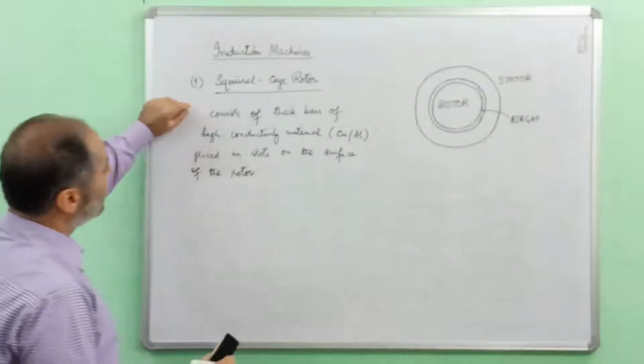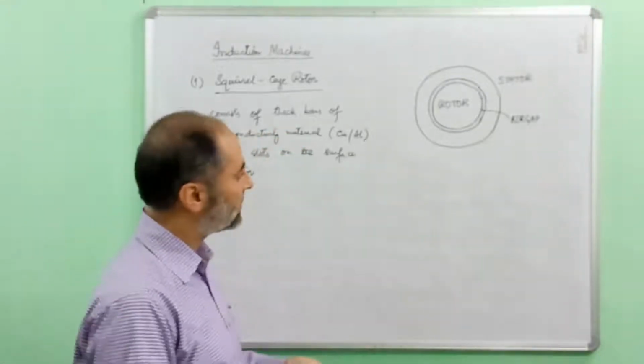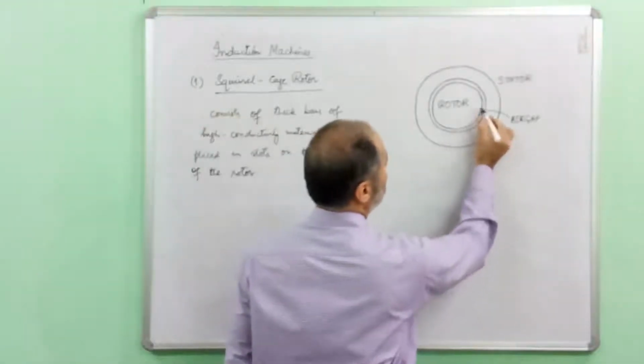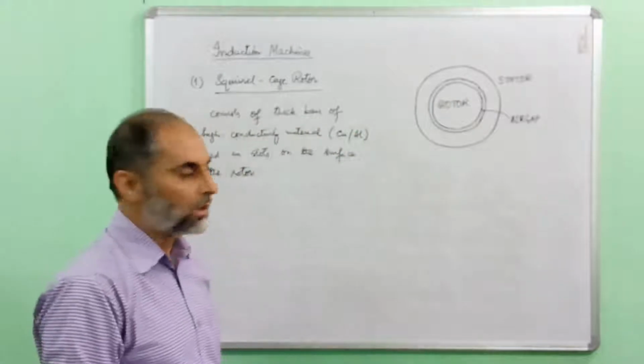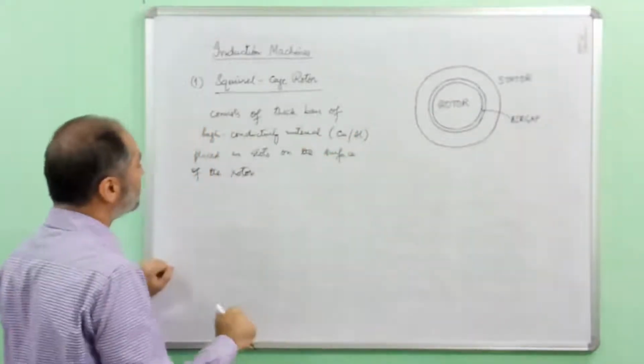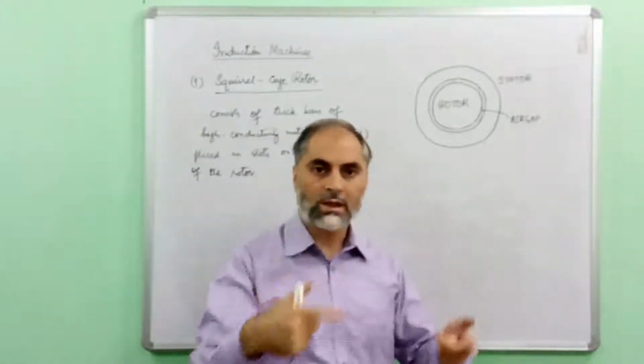So what we do is, first thick bars of high conductivity material are placed in slots. There are slots on the surface of the rotor, and thick bars are placed in those slots. The rotor bars are then short circuited at both ends.